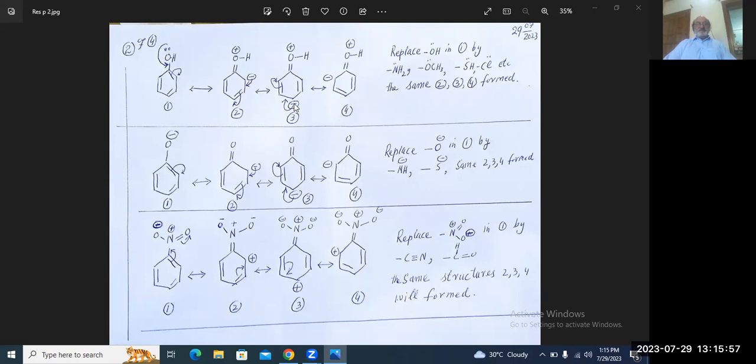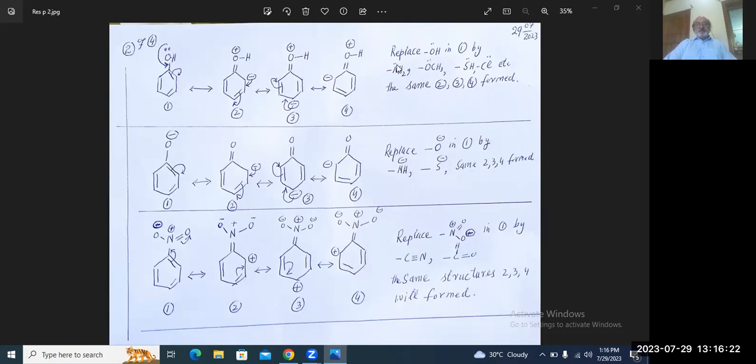We will get the third resonating structure, and similarly, shifting from here and then from here, we get the fourth resonating structure.